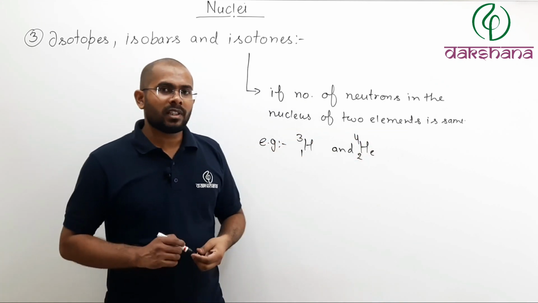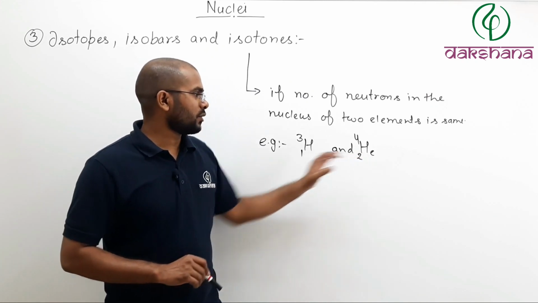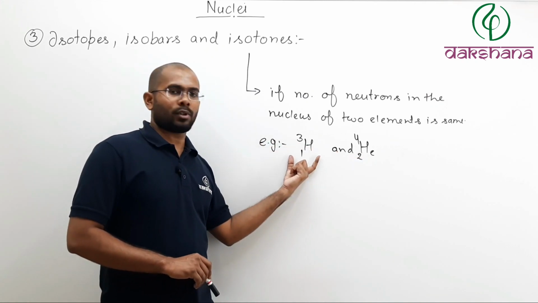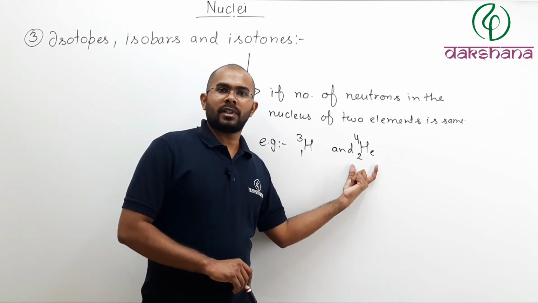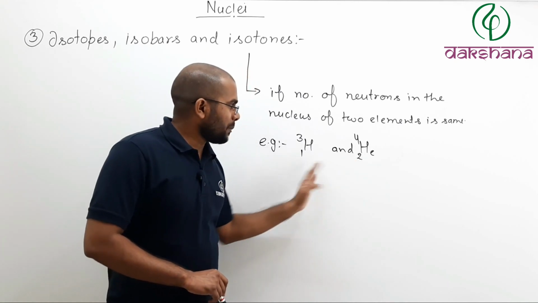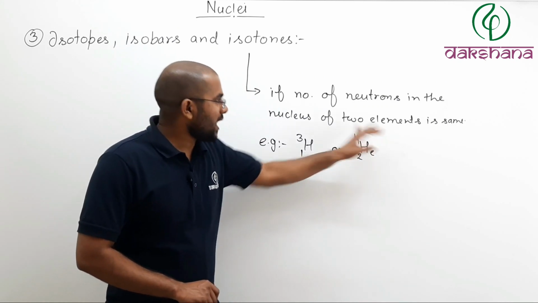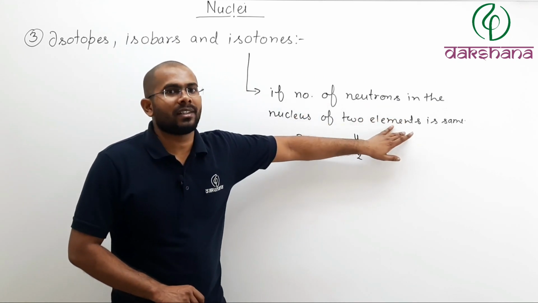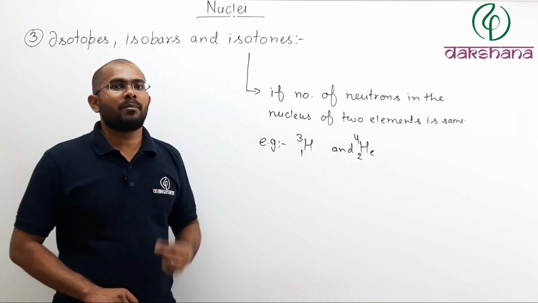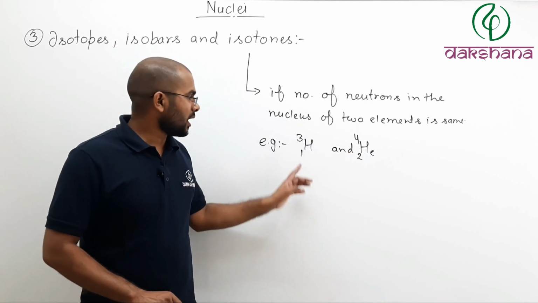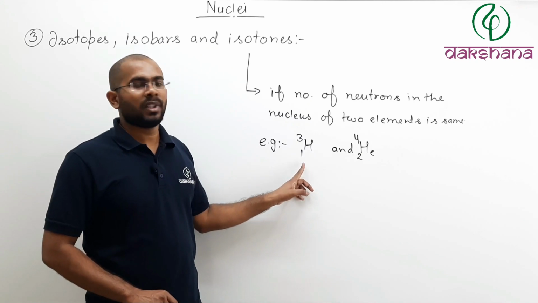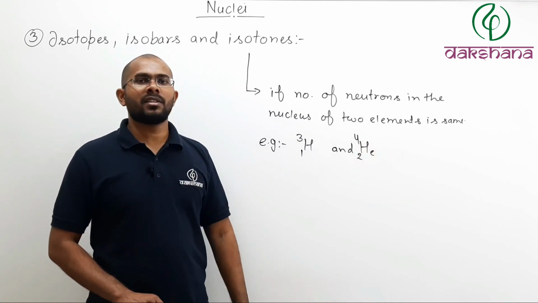So if you see, in this particular isotope of hydrogen and this particular isotope of helium, the atomic number is different, the mass number is different, but the number of neutrons is the same in both cases. Here the number of neutrons is 2 and here also 2.